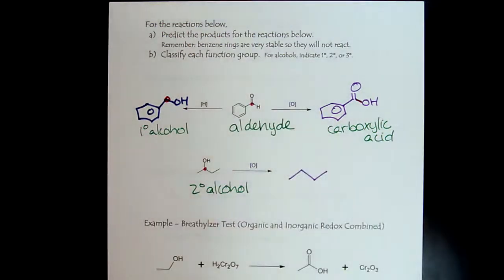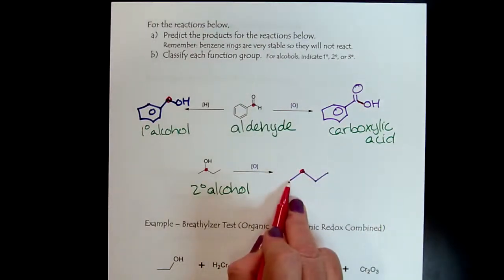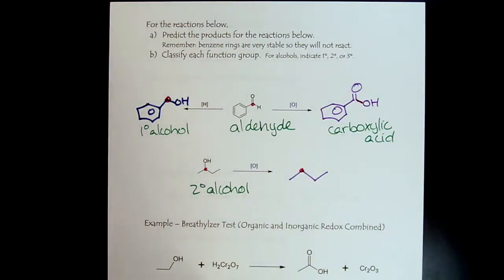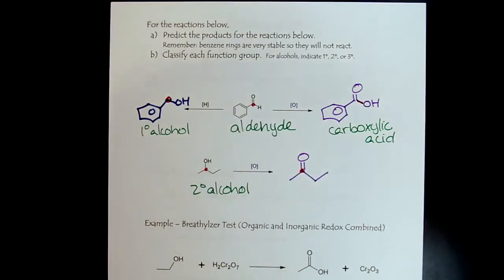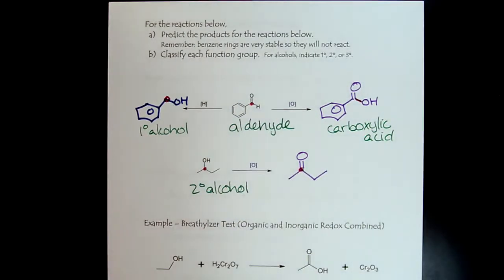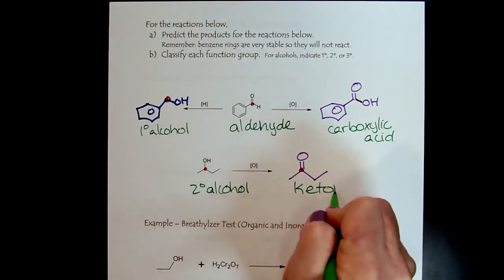This carbon is already pretty committed, right? It's got a bond to a carbon on the left and a bond to a carbon on the right. And so all we can do is put a double bond there, and there's no more options. Carbon's limited to 4 bonds. We're done. And I'm sure that you recognize this as a ketone.